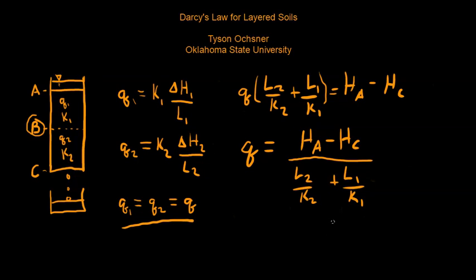Now we can write this in a more simplified way if we introduce the hydraulic resistance. So we're going to let this L over K, the thickness of a soil layer divided by its hydraulic conductivity, equal what we'll call the hydraulic resistance.